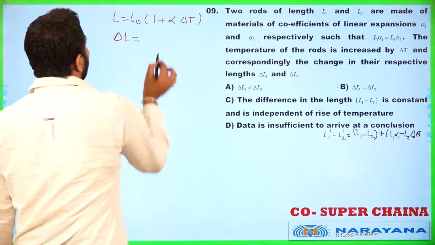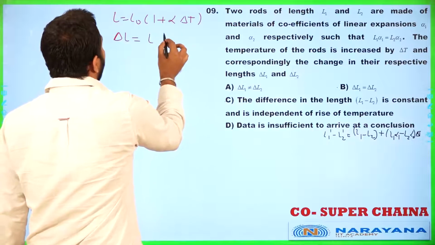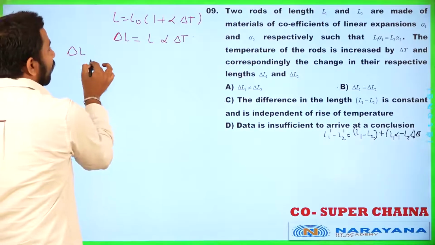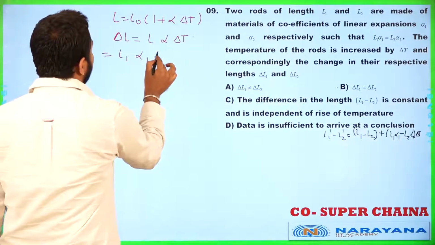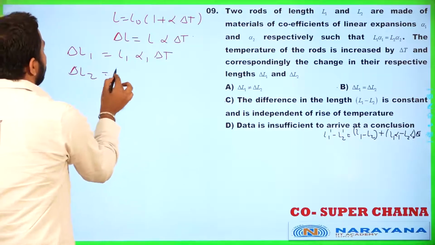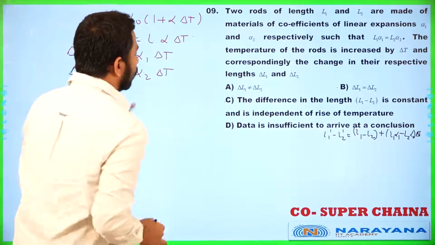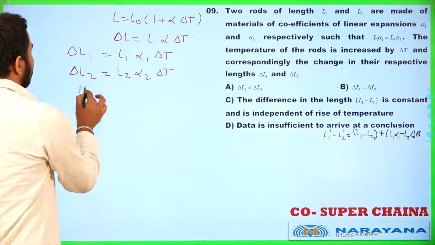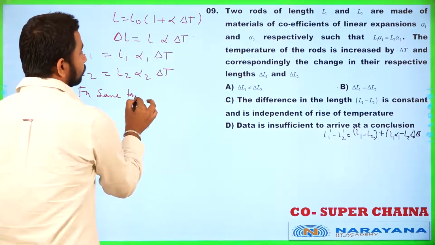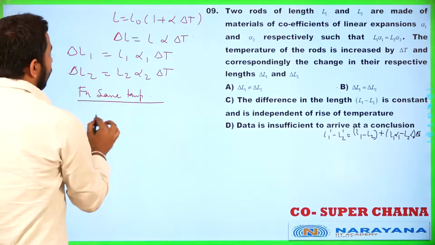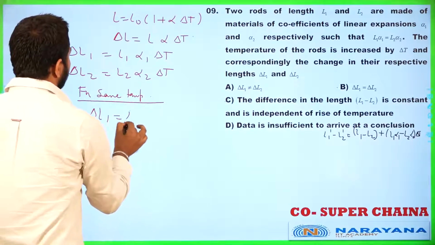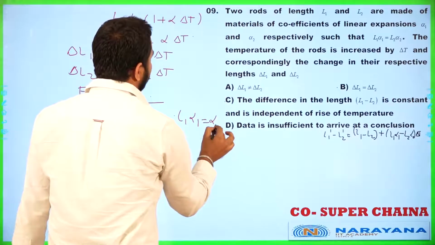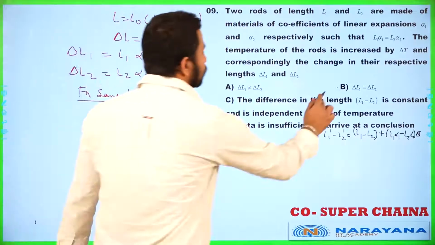From here I can write delta L equals L alpha delta T. So delta L1 will be L1 alpha 1 delta T. Similarly, delta L2 will be L2 alpha 2 delta T. From here, L1 alpha 1 is given as L2 alpha 2, so for the same temperature change, delta L1 will be equal to delta L2. So this option is correct.